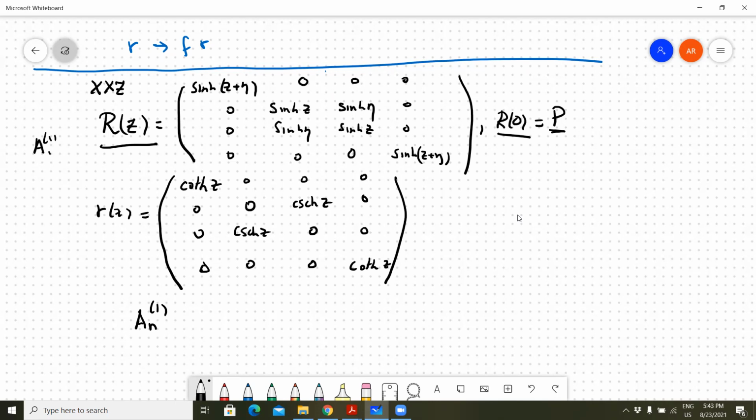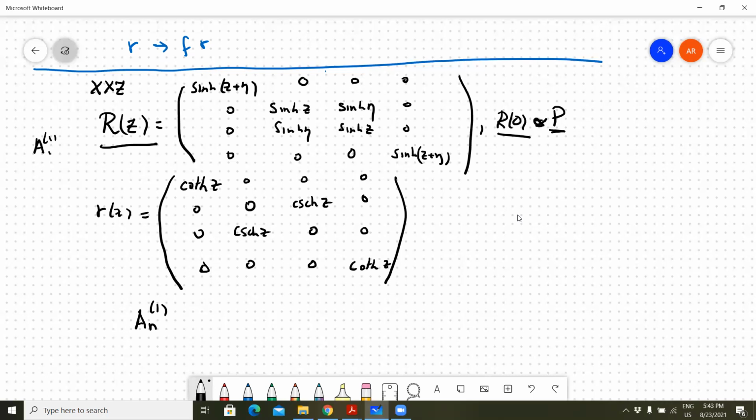Question. In the quantum R matrix, do you want sinh or cosh? I'm asking because to me it seems that R of 0 is not a permutation. Sorry? I don't see how R at z equal to 0 is a permutation. Oh, so I was wondering if it should be sinh or cosh. It's proportional, sorry.